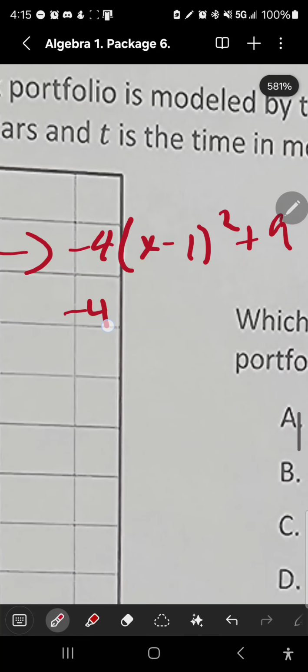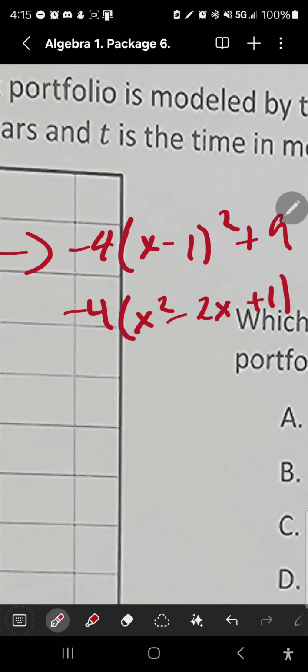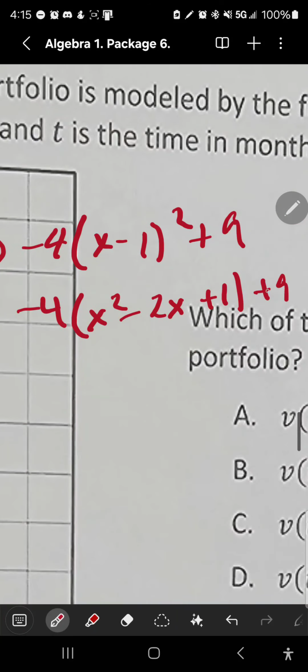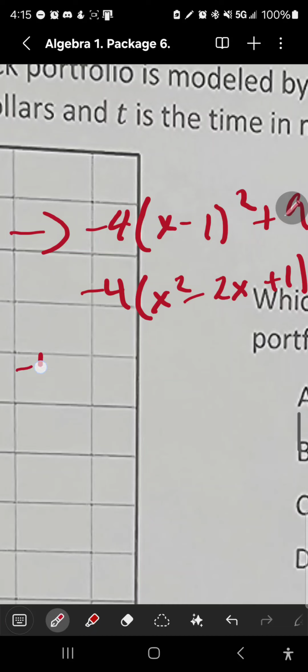This will be minus 4x squared minus 2x times 1, which is 2x, and then 1 squared, which is 1, and plus 9. Minus 4 times x squared is minus 4x squared. Minus minus is positive, so plus 4 times 2 is 8, 8x.